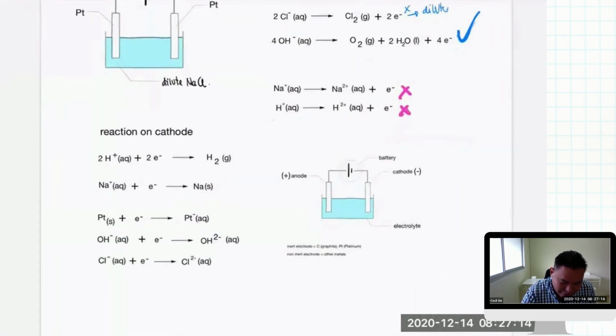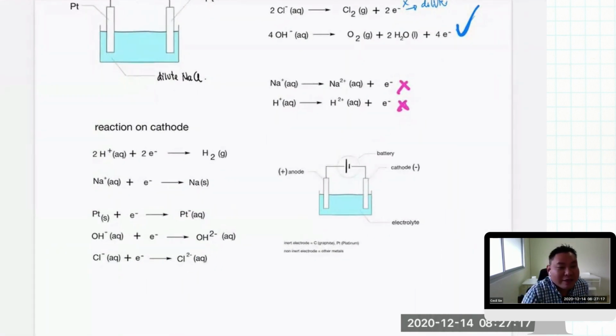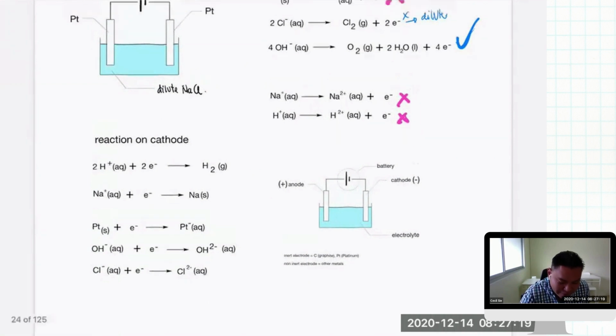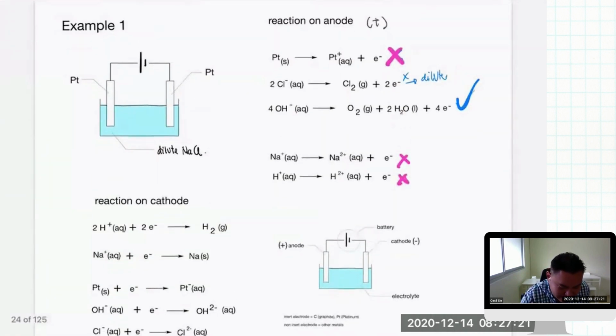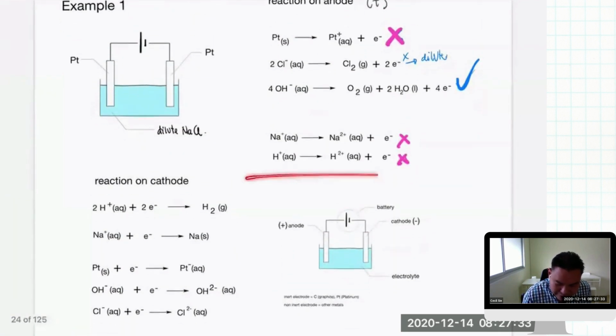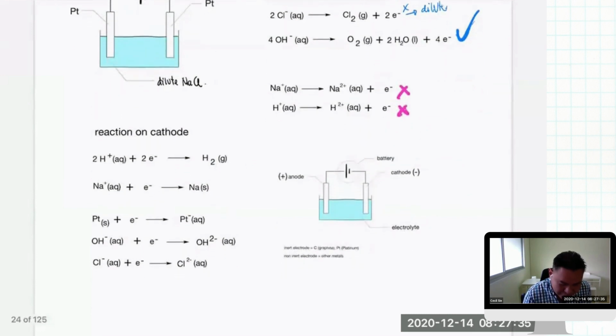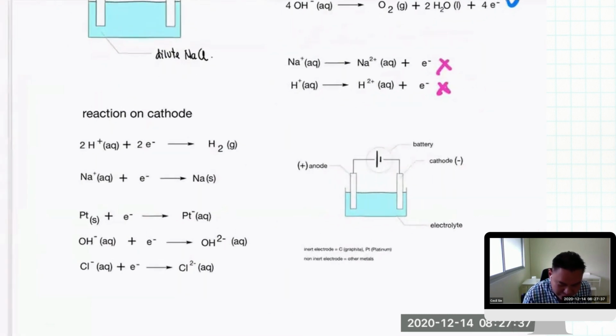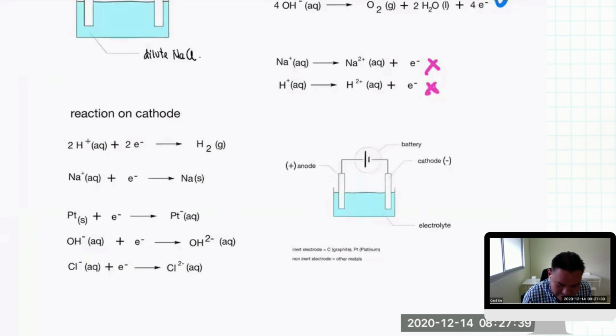Then we continue on the same example. We use example 1. The electrolyte is dilute sodium chloride, NaCl. The anode and cathode are platinum. We did the reaction on the anode. Now we learn what are the reactions on the cathode.